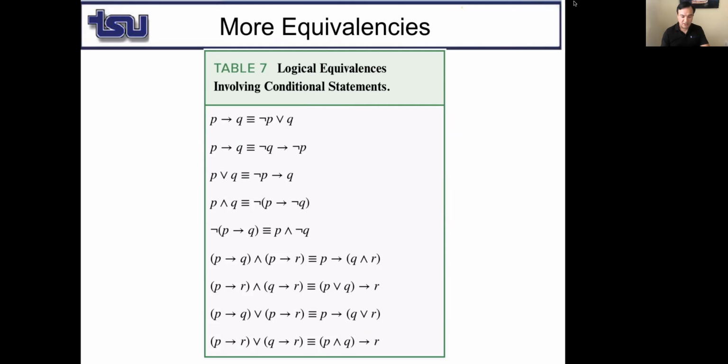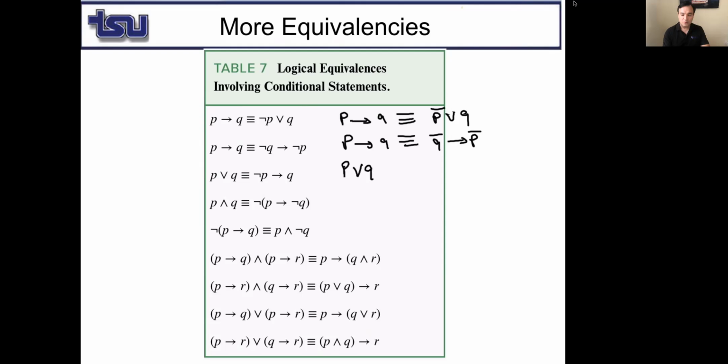You can pick any one of them and prove it, but you've got to get yourself familiar with them. If you're not sure about any one of them, you can prove it, but let's review. P implies Q is equivalent to not P or Q. This is very important. P implies Q is equivalent to not Q implies not P. Get familiar with that, okay?